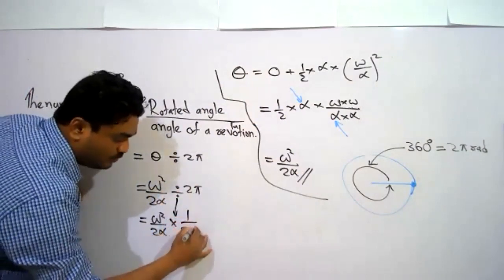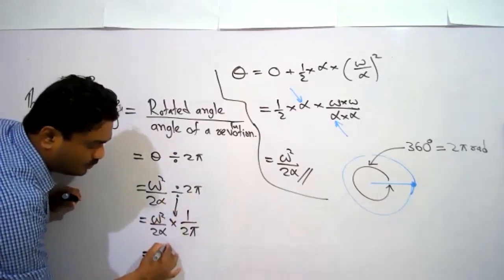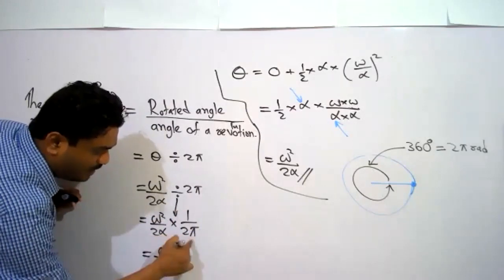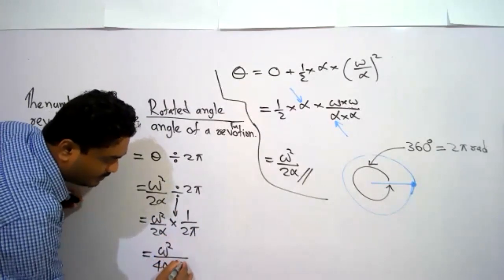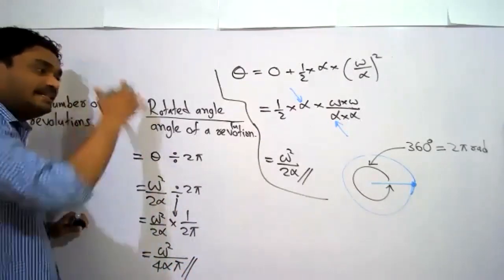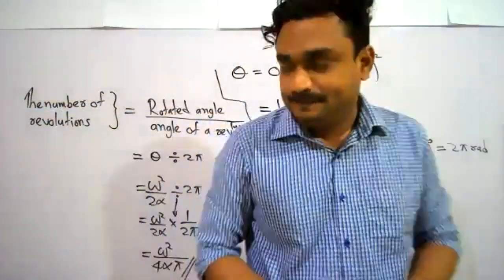So this will be 1 over 2 pi. So finally, omega square into 1 is omega square, 2 into 2, 4, alpha into pi. So this is the number of revolutions completed by this system when it reaches a velocity of omega.